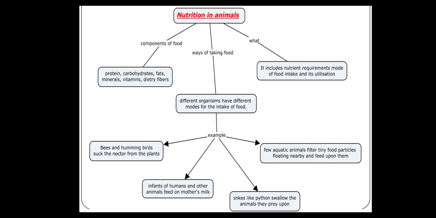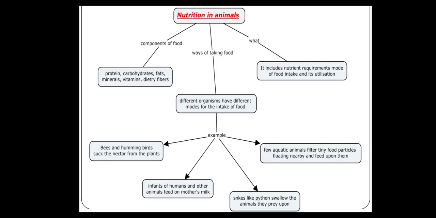Similarly, heterotrophic nutrition is classified into three types. It is holozoic nutrition, saprophytic nutrition and parasitic nutrition. In holozoic nutrition, the organism gets the nutrients by ingesting the food and absorbing the food. They ingest their food, they digest it, they absorb the nutrients from the food, and this is holozoic nutrition.